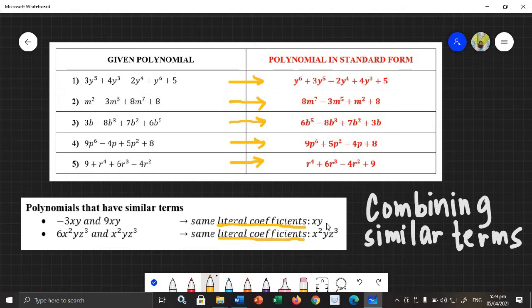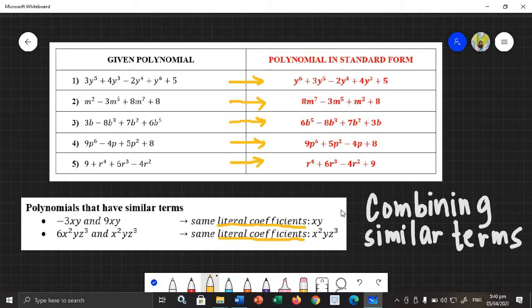So to identify if the given are similar polynomials, the variables need to be the same as well as the exponents of the variables. They must look exactly alike.